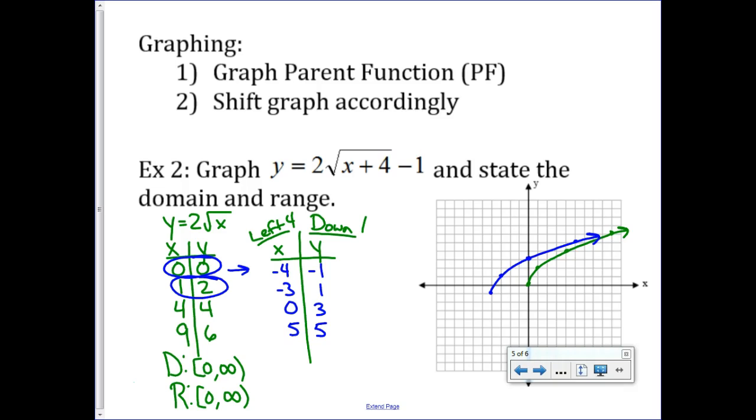In my new function, the smallest value plugged in is negative 4, and it goes all the way up to infinity. And the smallest value we're getting out is negative 1, and it goes all the way up to infinity.